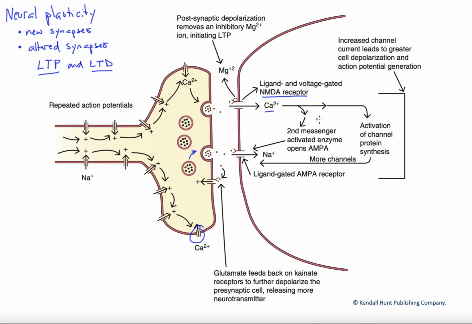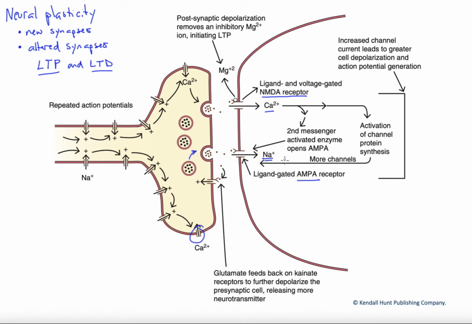That calcium influx is going to lead to, through a variety of mechanisms, either more channels or, mediating directly through a second messenger, stimulation of this other receptor known as the AMPA receptor. So we're going to end up with more channels, and we're going to open this channel, and now we're going to get sodium influx.